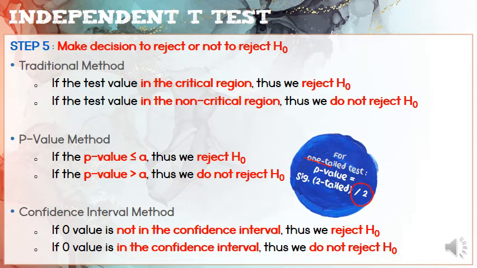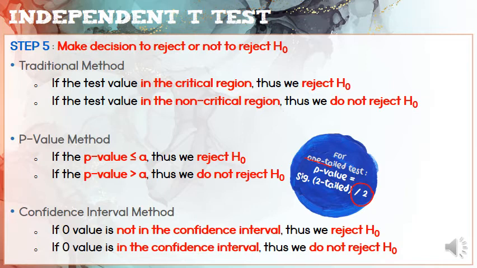For confidence interval method, if zero is not in the confidence interval, we reject H0. Kenapa kita tengok zero? Because we are comparing the difference between two mean. So kalau kita compare perbezaan di antara dua kumpulan, kalau kita tolakkan dapat kosong, sama.